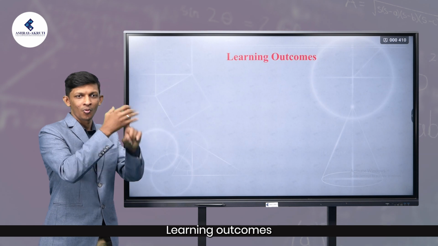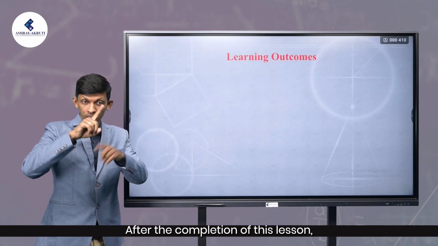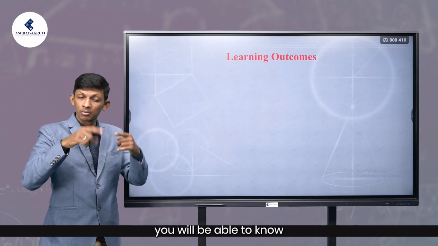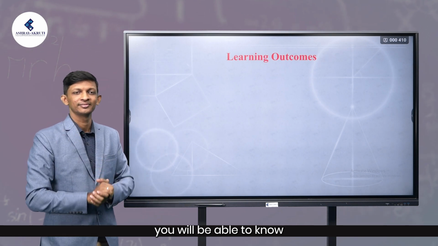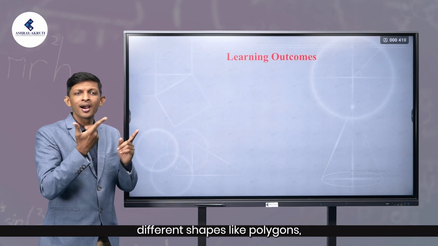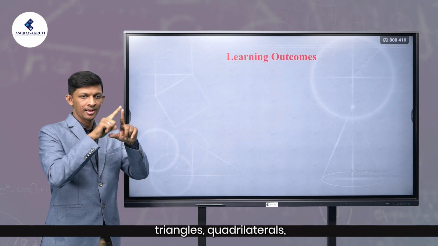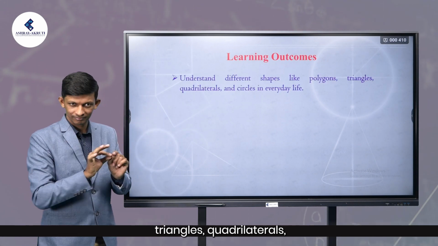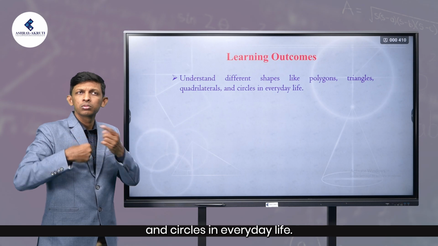Learning outcomes. After the completion of this lesson, you will be able to: understand different shapes like polygons, triangles, quadrilaterals, and circles in everyday life.